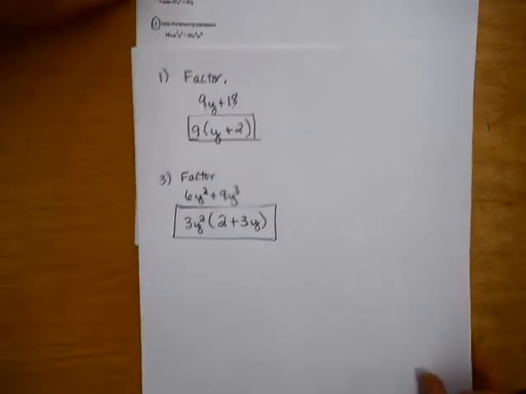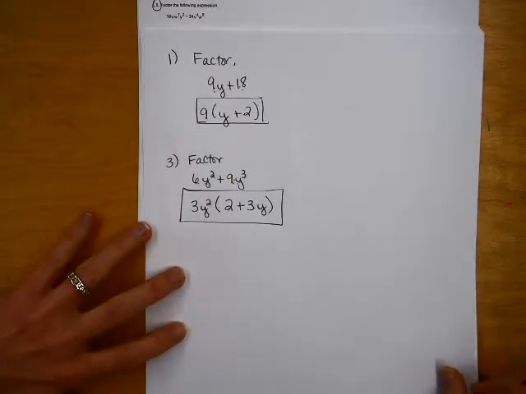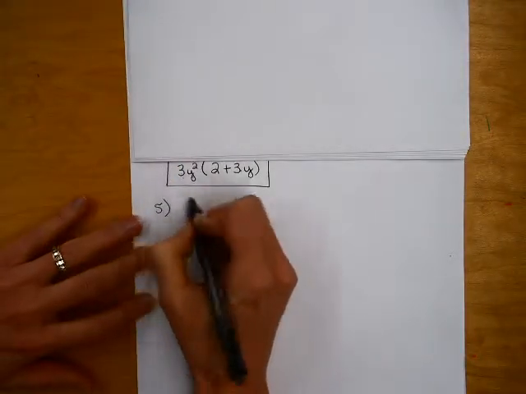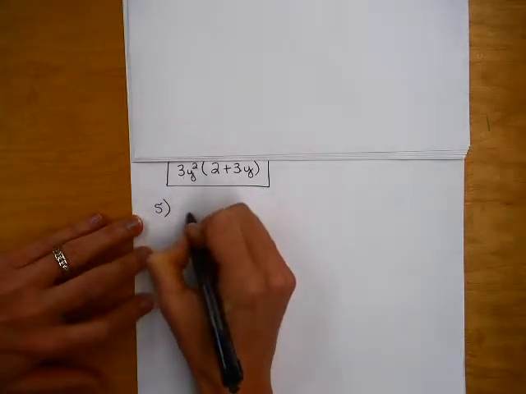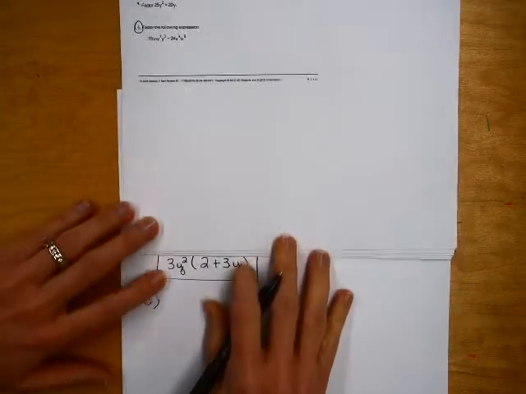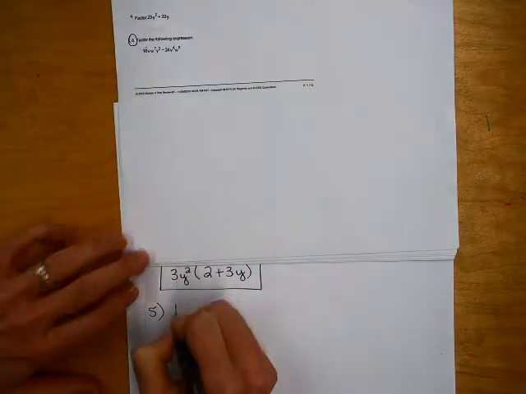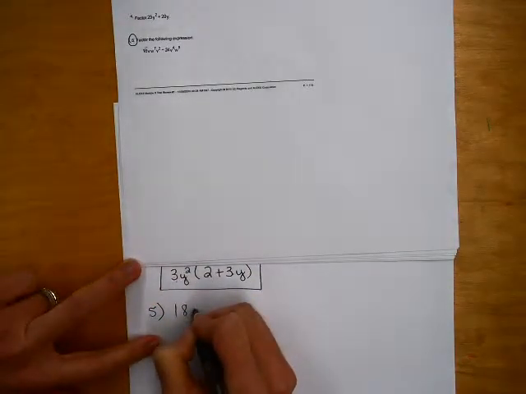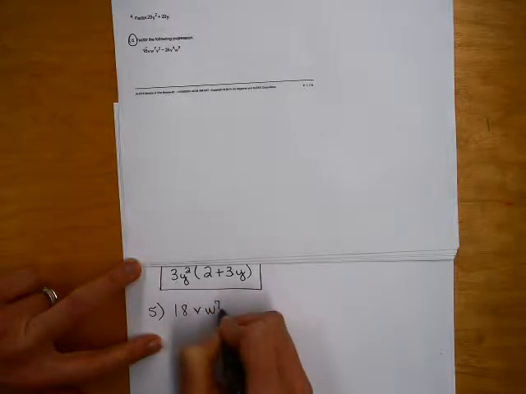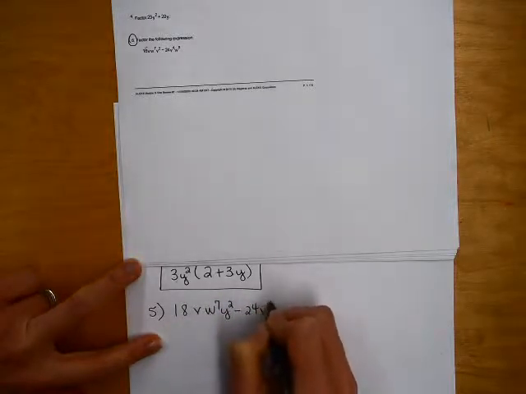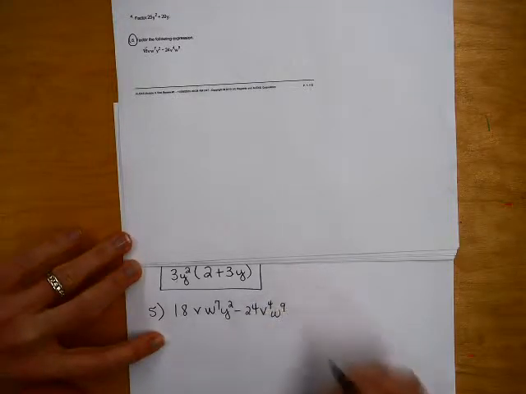Okay, if we look at number 5, we're still factoring. For number 5, we have factor the following expression, and we're given 18v w to the 7th y squared minus 24 v to the 4th w to the 9th.